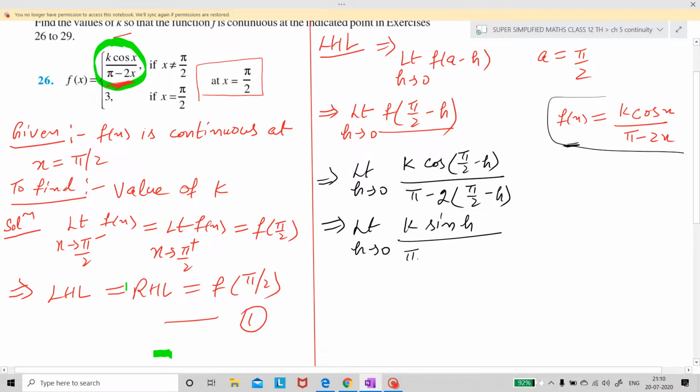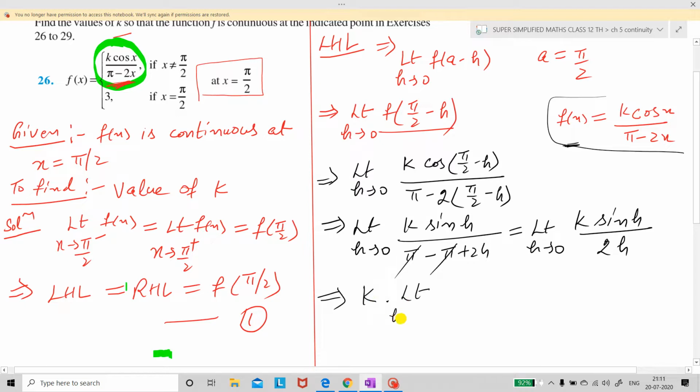In the denominator we expand the bracket. 2 into pi by 2 is pi, minus 2 into minus h will be plus 2h. This minus pi, this plus pi, they get cancelled, and we get limit h tends to 0 of k sin h divided by 2h. Now we know k is a constant and a constant can be taken out of the limit. So k times limit h tends to 0 sin h upon 2h.